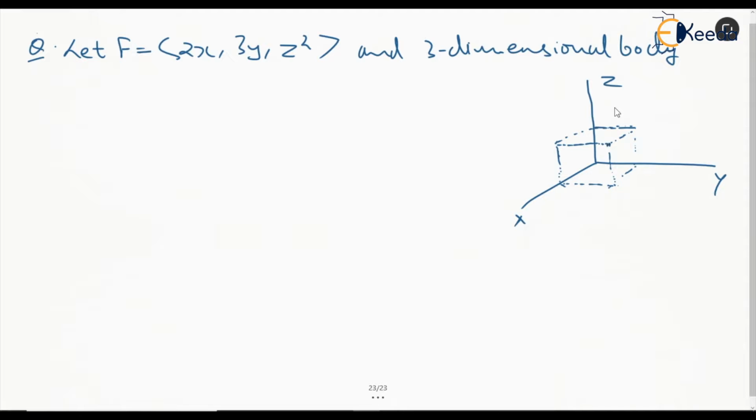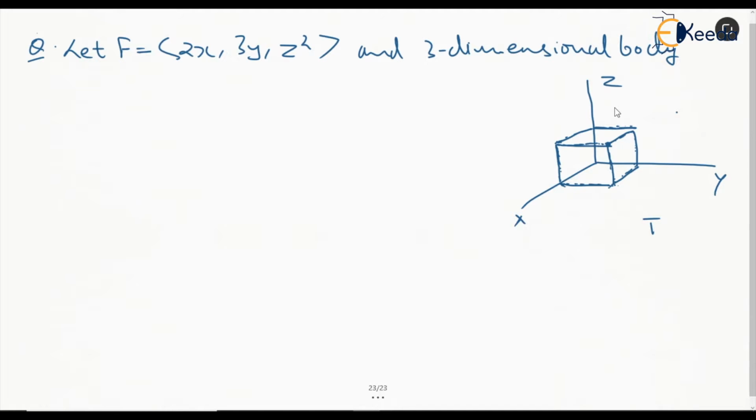This point is 1, 1, 1, right? The length of each of the sides are 1. So this is the front side. Fine. So this is the body we have, T.